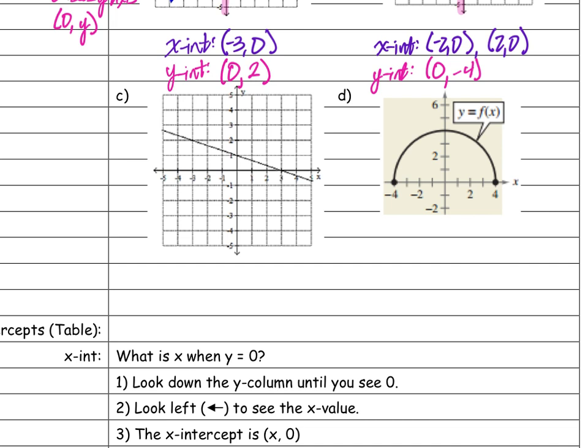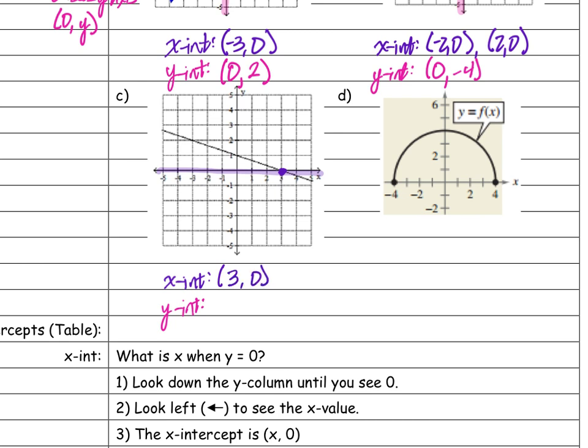Okay, you guys, here we go. My x-intercept and my y-intercept. If I do my x-intercept, I highlight my axis. It's where it crosses the axis, which is 3, 0.